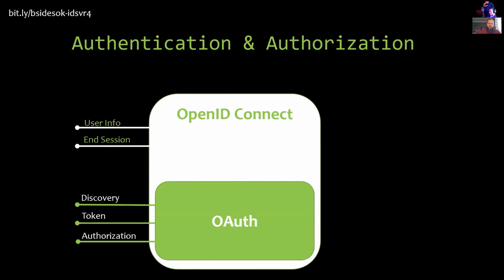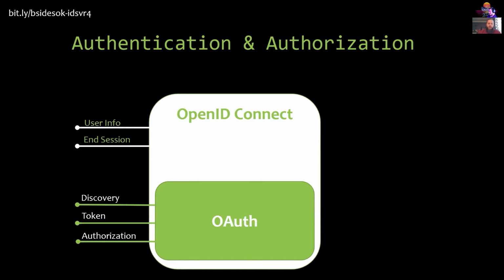So if you look at authentication or the authorization, we have OAuth down below, and in OAuth, you have a discovery URL. That allows the calling application to see what things are available to be done against your identity provider. Then we have a token endpoint where they can get tokens, and then we have an authorization endpoint that's called to authorize.